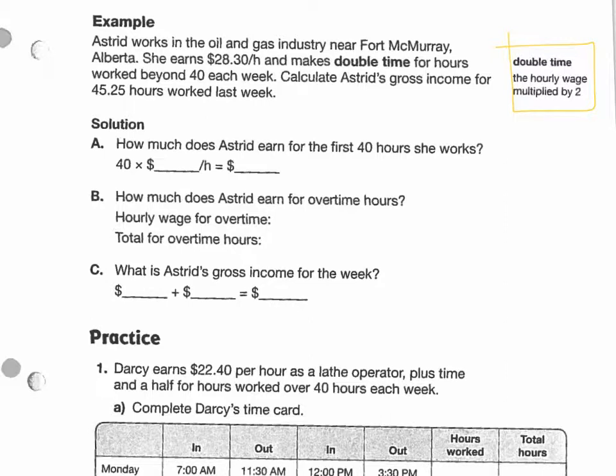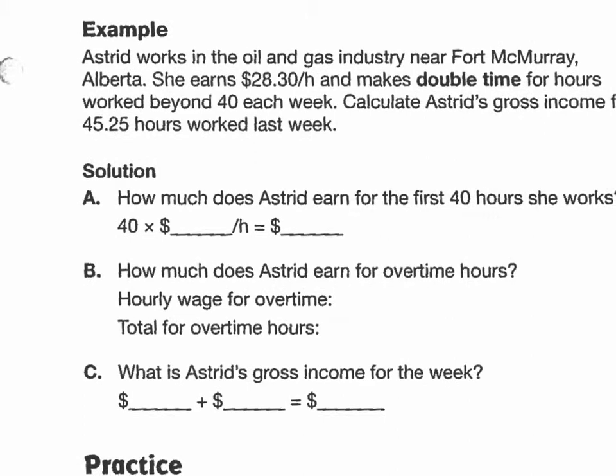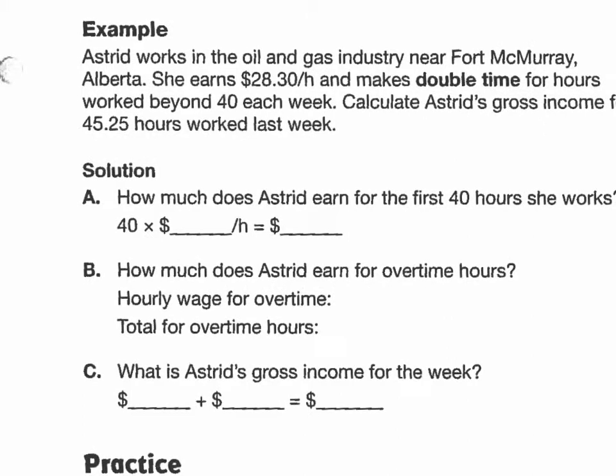Well, the first thing we need to figure out is the normal income. All right. So 40 hours. What was her normal wage? Let's get my blue pen here. The normal wage was $28.30. So if we multiply that by our 40 hours, we'll get $11.32.